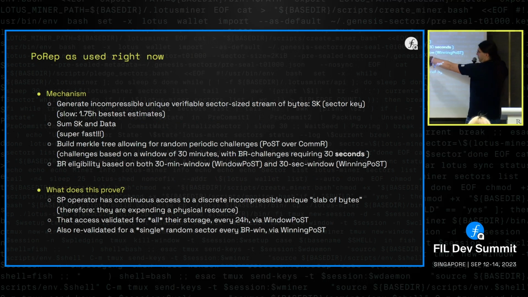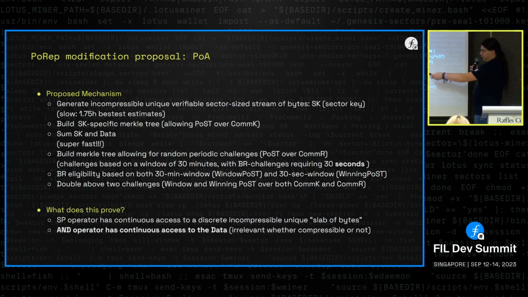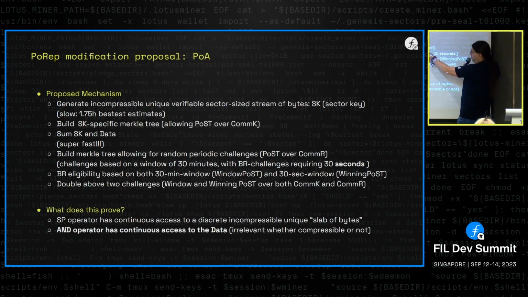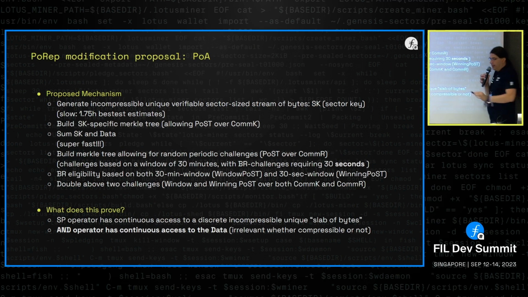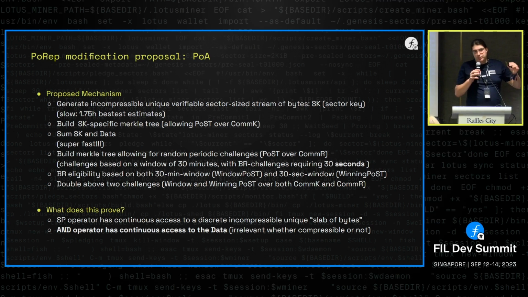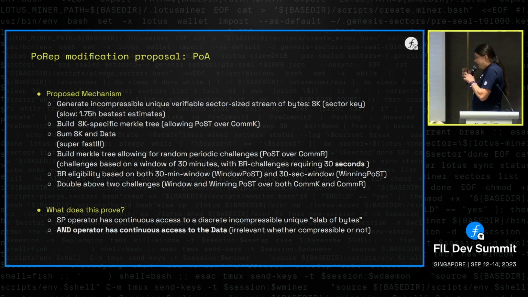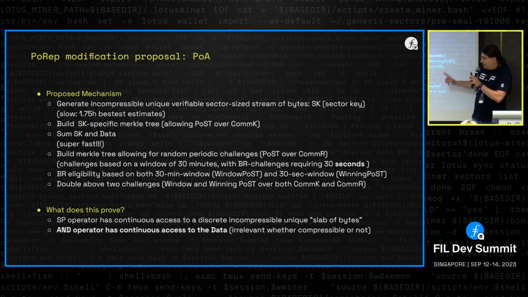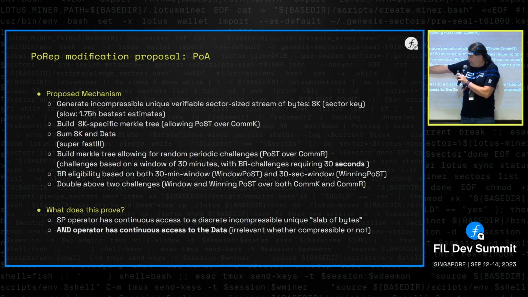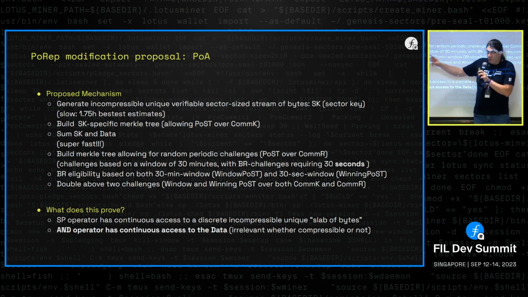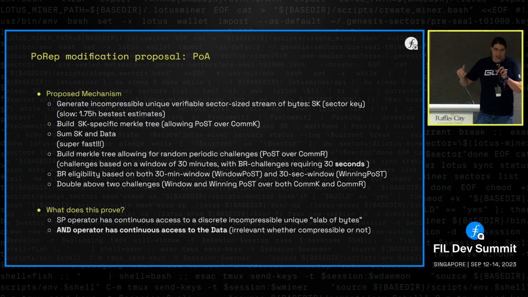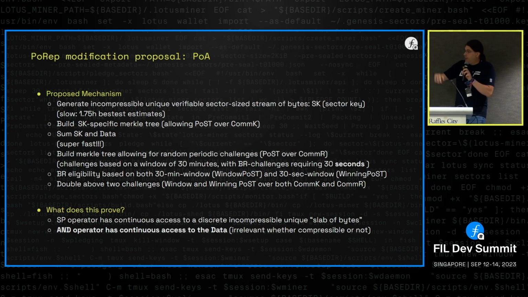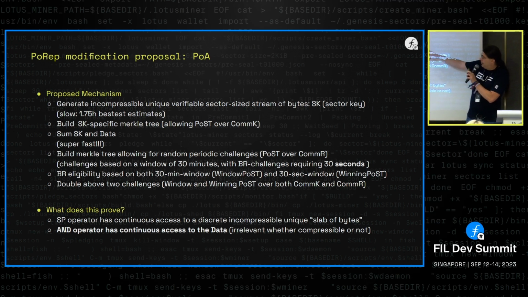So all we do is in between these steps, which are exactly the same, we create one more challengeable stream. And then everything else remains the same, but at the end, every time that we challenge, we do the challenge twice. So you have to submit not one window post and not one winning post, but two of them. One over this and one over this.